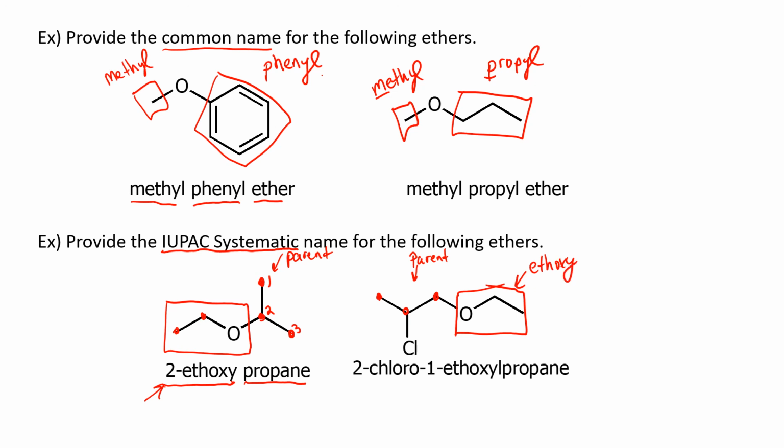Now, because my parent chain is a 3 carbon chain, we want to number it 1, 2, 3, giving the first substituent the lowest possible number, the ethoxy group being the substituent that gets the 1 position. And then we just put it all together with a 2-chloro-1-ethoxypropane.